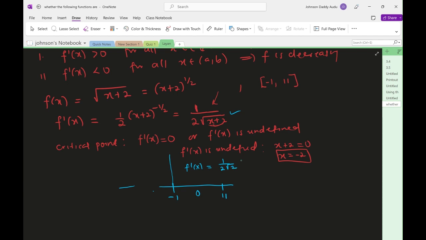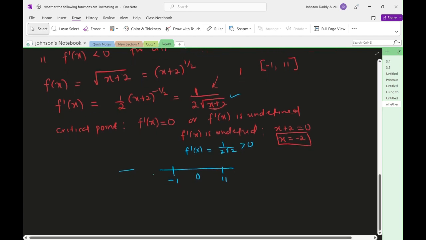If you plug in 0, f prime of x is going to be 1 over 2 root 2, and you can see this is a positive number. So what it is telling you is that between -1 and 11, any number you take, the first derivative is going to be positive. You don't need to test all the numbers; only one is okay.